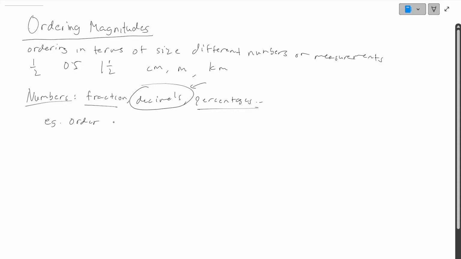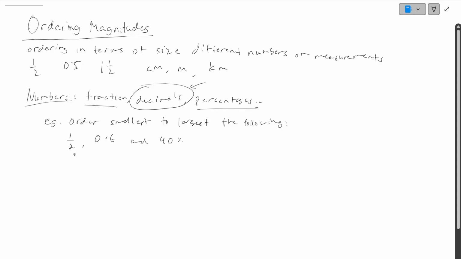Let us look at an example of this. Order from smallest to largest the following numbers: 1/2, 0.6, and 40%. We want to convert all of these into decimals.